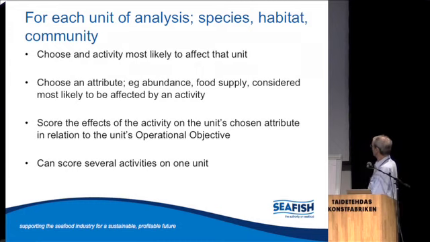I'll give you a worked example a bit later. And then you do some scoring, which I'll explain in a minute. And then if you have an operational objective, you can relate it back to the unit's operational objective. You can score as many activities on one unit as you think are likely to affect it.